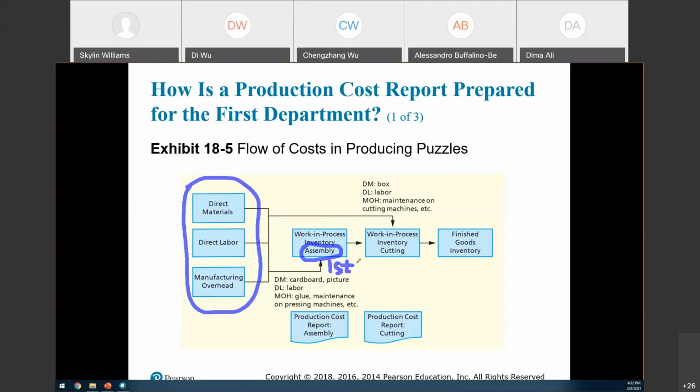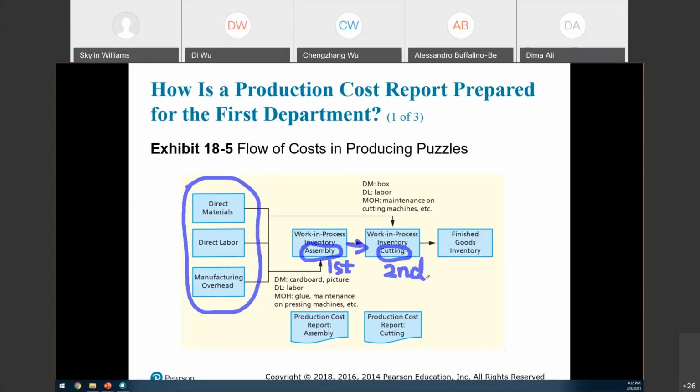Well, this department applies glue to the cardboard and then presses a picture onto the cardboard. After the first department, the cost flows to the second department, which is the cutting department.